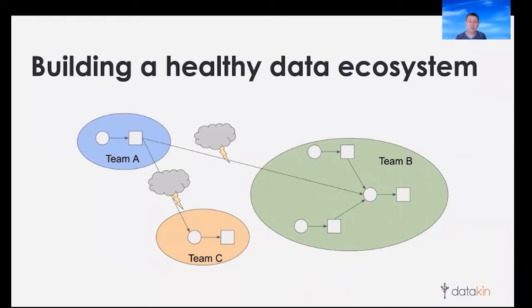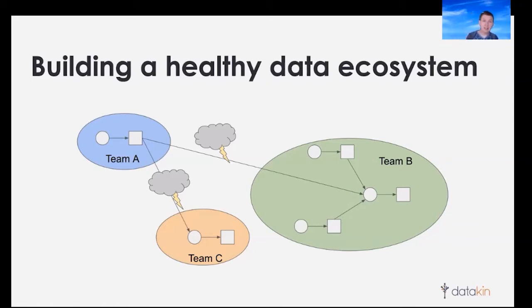But across teams, that's often where the friction starts, right? Teams may follow different practices, they may have very little visibility on how data is produced and where it's coming from, and there may be multiple levels of dependencies. You may have a team that does the ETL and also a team that does analytics or builds dashboards. It could be a team doing machine learning and various problems like that.